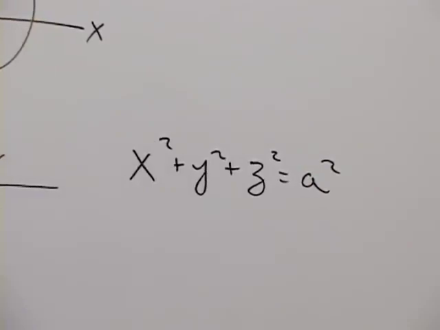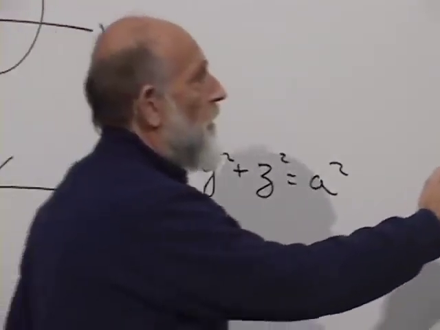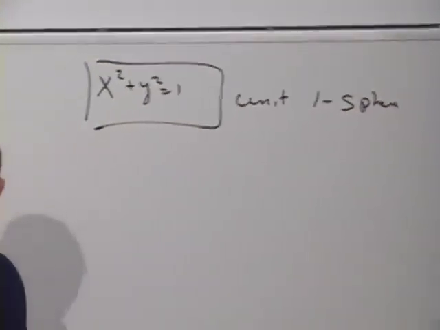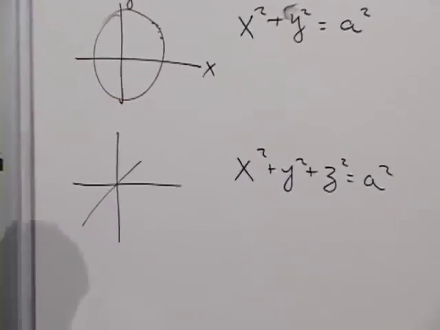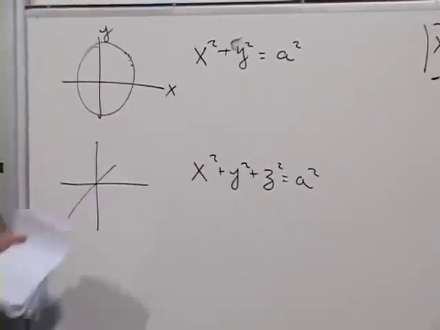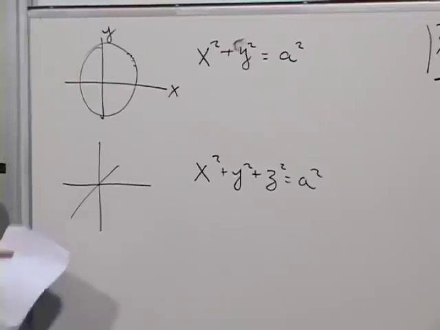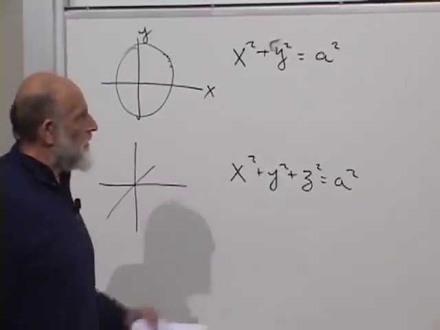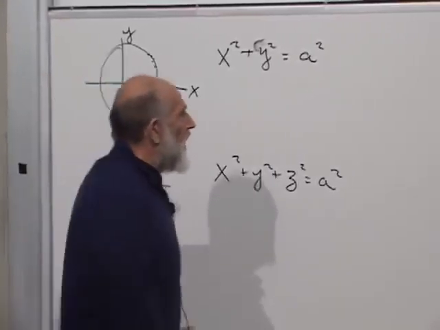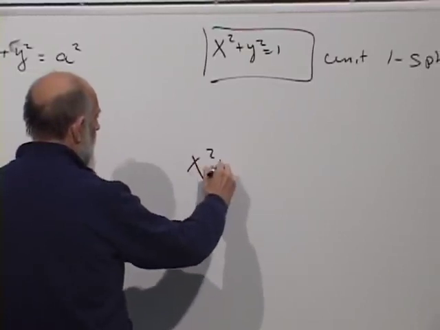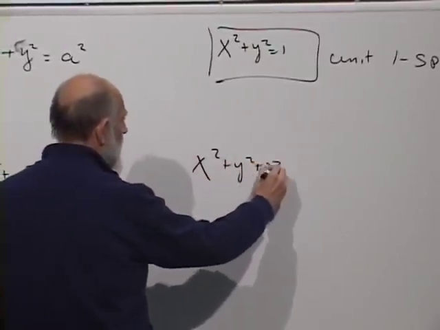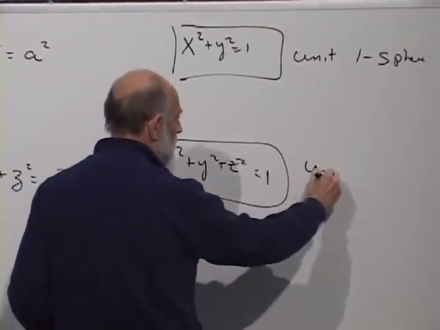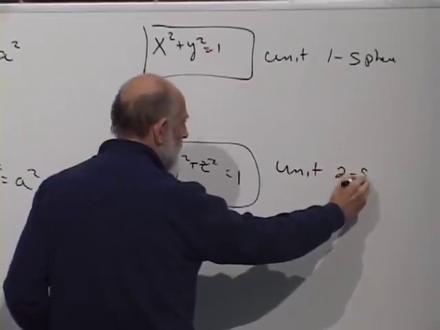That would be a two-sphere. This is the unit one-sphere, and this would be the two-sphere. Notice that you start with the crutch of 3 coordinates, and you set the sum of the squares of them equal to the radius squared. If you write x squared plus y squared plus z squared equal 1, that becomes the unit two-sphere.